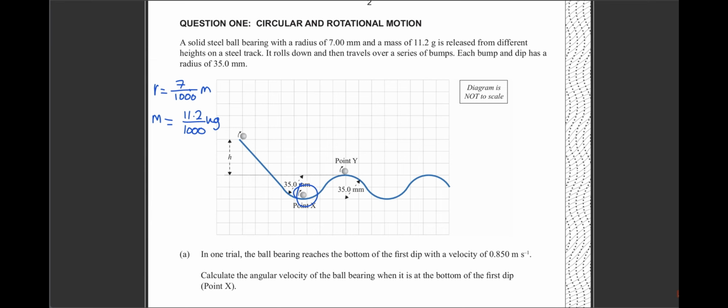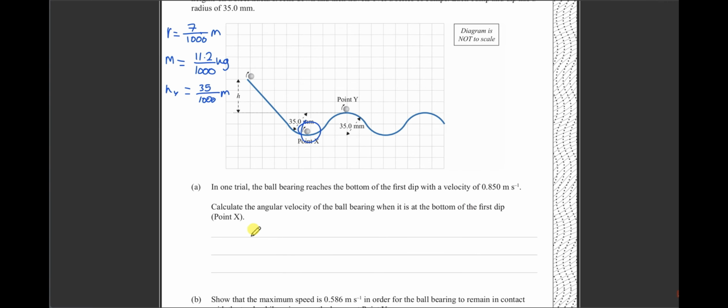So I'm just gonna call this instead the height. So the relative height at any position, we'll just say the height at y is just going to be 35 over 1,000 meters. So we have to calculate the velocity, the angular velocity of the ball.